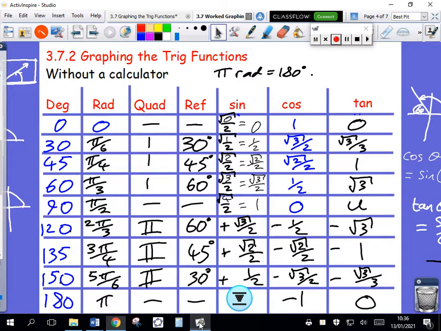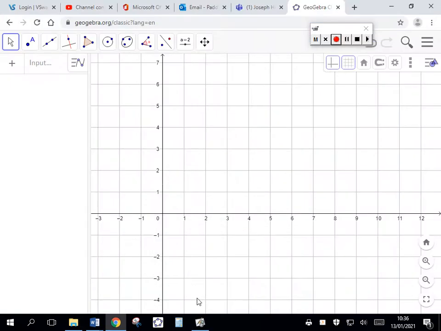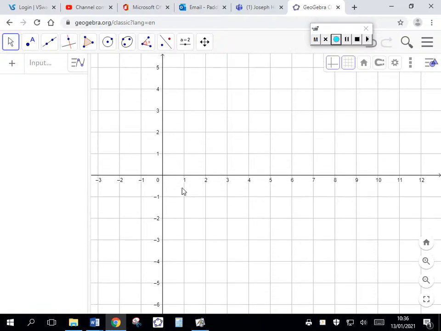Remember, if I go back, we said the input, the x coordinates, are going to be these values here, the degrees. Okay, so what I'm going to do is change the units on the x-axis to radians, and I'm going to have them going up. I want to include all special angles, so I want pi over 6 in there, I want pi over 4, I want pi over 3. These are all multiples of pi over 12.